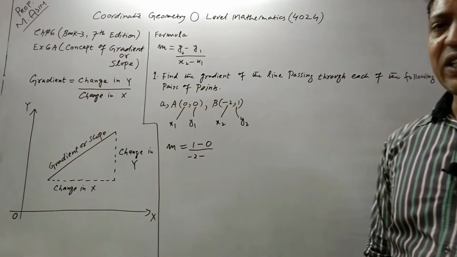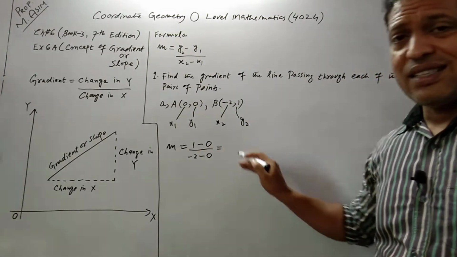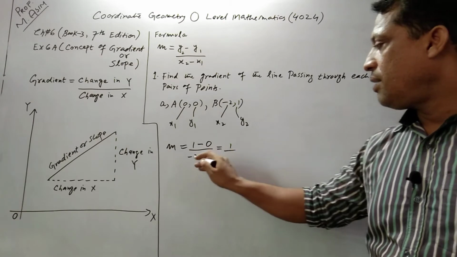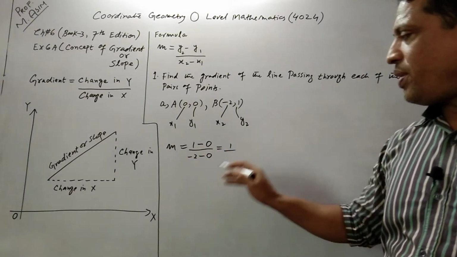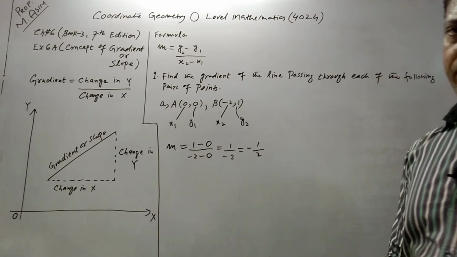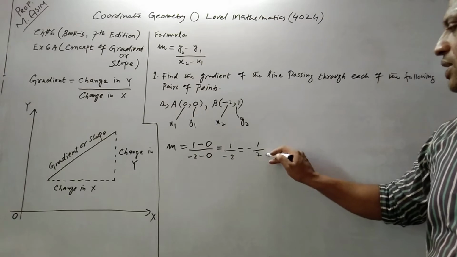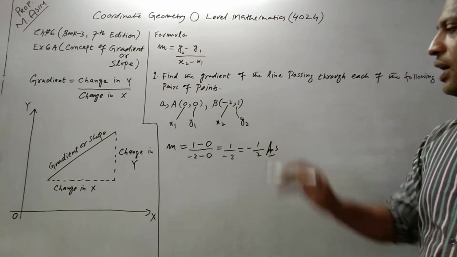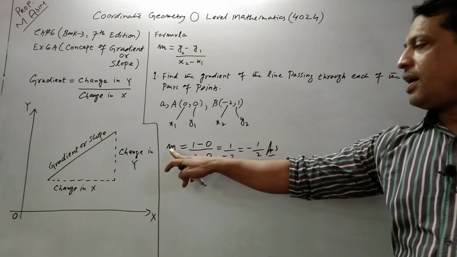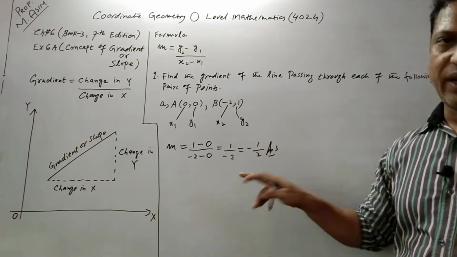What is x1? x1 is 0. 1 minus 0 is 1. Minus 2 minus 0 is minus 2. So the answer is minus 1 upon 2. 1 upon minus 2 or minus 1 upon 2, both are the same. So this is your answer. The gradient of these 2 points is minus 1 upon 2.